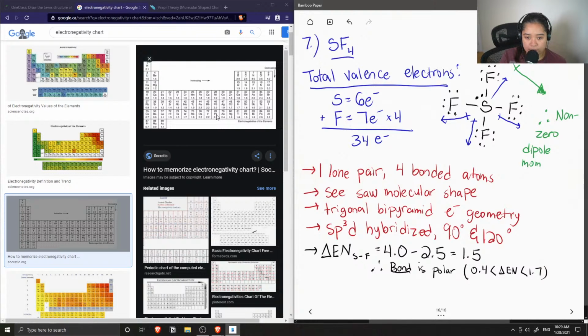And this is because of the structure of our molecule, which is trigonal bipyramid. So this tells us that sulfur tetrafluoride is a polar molecule as well. Okay, so not only are the sulfur-fluorine bonds polar, but also because they don't cancel each other out, we have ourselves a polar molecule.